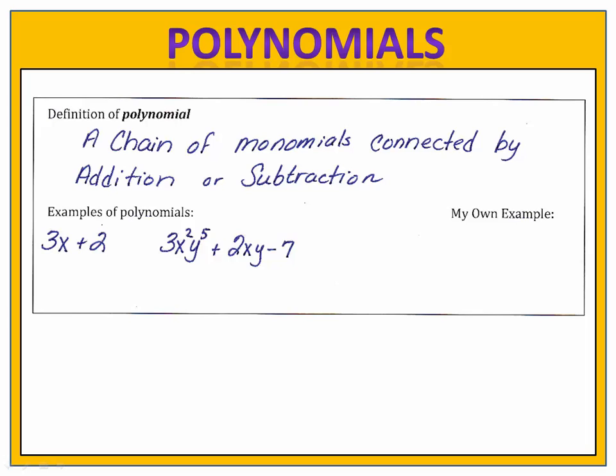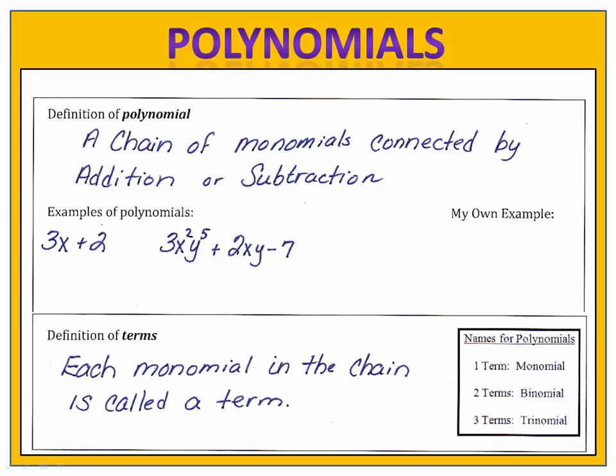Or 3x squared y to the fifth plus 2xy minus 7. Here we have three monomials connected by addition or subtraction. These are called polynomials. Each of those monomials in the chain is called a term. Our first example had 2 terms, and our second example had 3 terms.